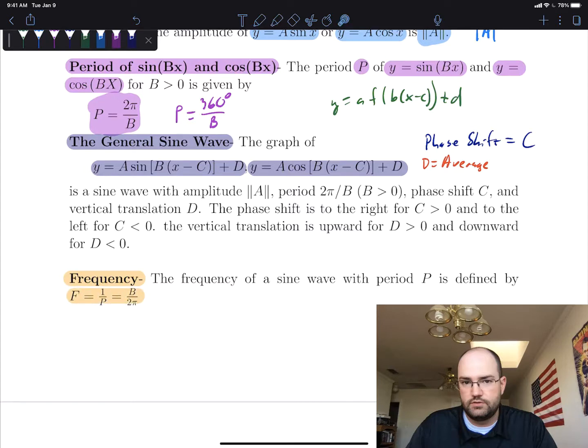So the frequency is just the reciprocal of the period, and that's it. Now frequency is very important. So b tells us two things. B tells us the period, and it also tells us the frequency, because those two things are interrelated. The period is 2 pi over b, and the frequency is b over 2 pi.